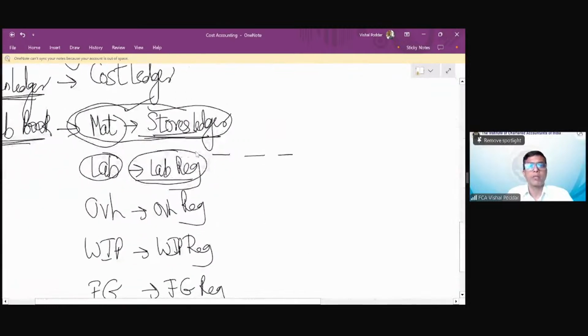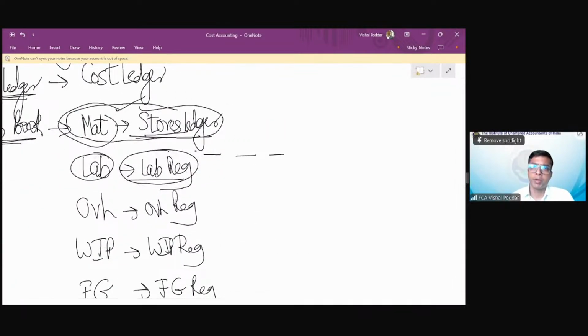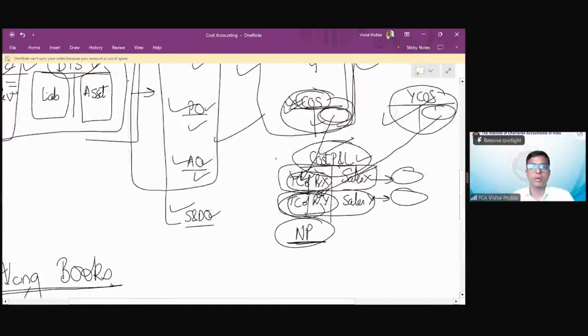Similarly, for overheads, you remember the overheads chapter, I had explained that you prepare overheads to find out how much is production overheads, how much is administration, how much is selling. The details of these overheads, production, administration, selling, you find in the overheads register. So again, these will be called control accounts: production overheads control, administration overheads control, selling and distribution overheads control.